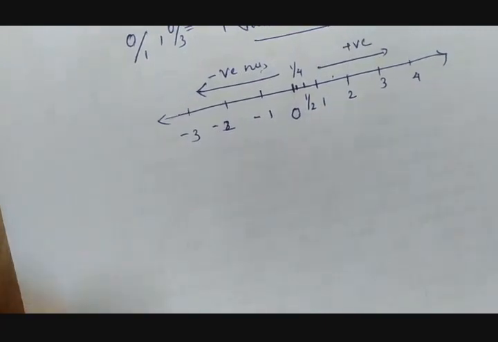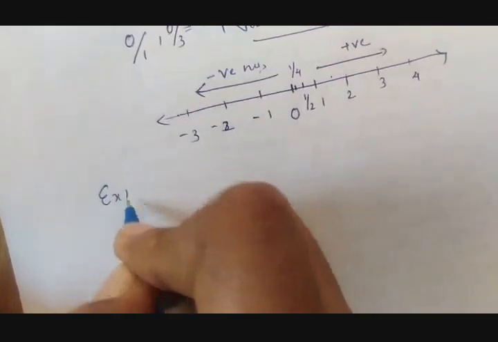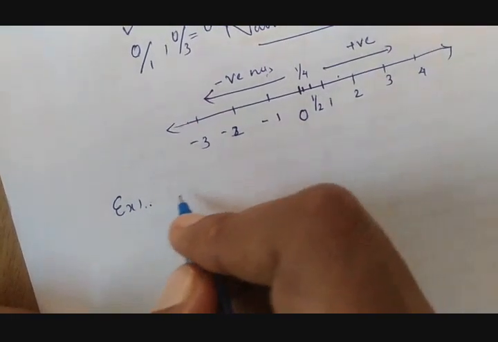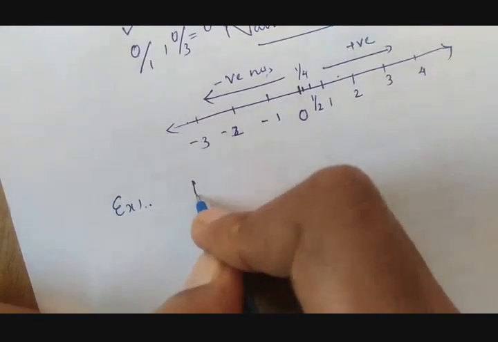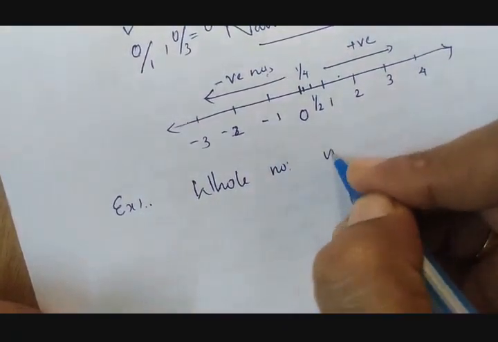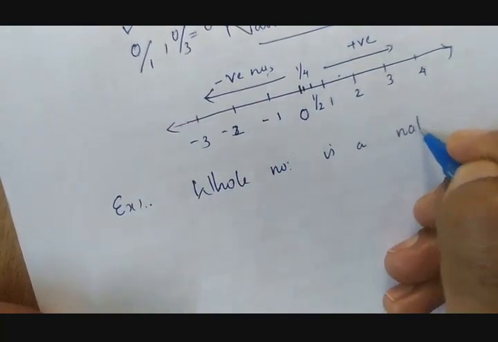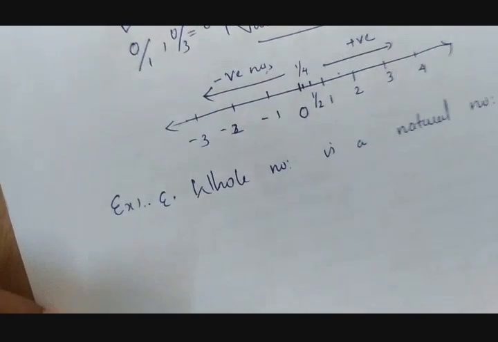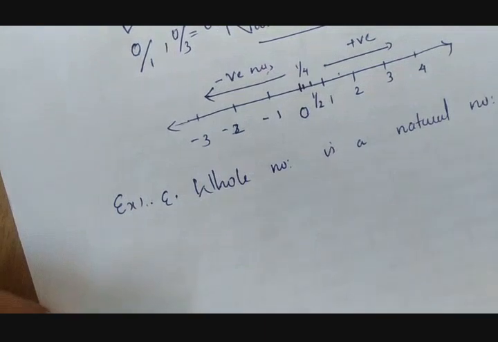Okay. Next, let's go to an example question in the textbook. Example 1. We have to discuss the statement: every whole number is a natural number. This statement is given in the textbook.